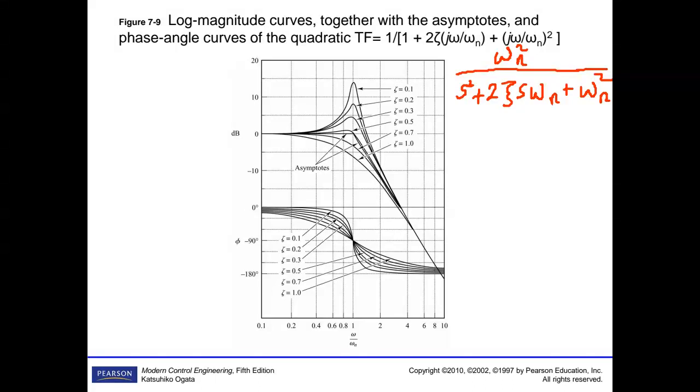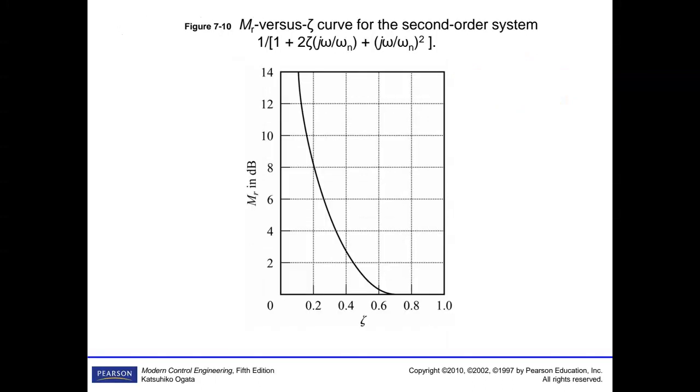We would like to see the system response with respect to the change of the frequency from 0 to infinite. And that picture is telling you, and you can see the overshoots easily. That one is also telling you the maximum overshoot relationship with, of course, in decibel in that case. Maximum overshoot in decibel with zeta.